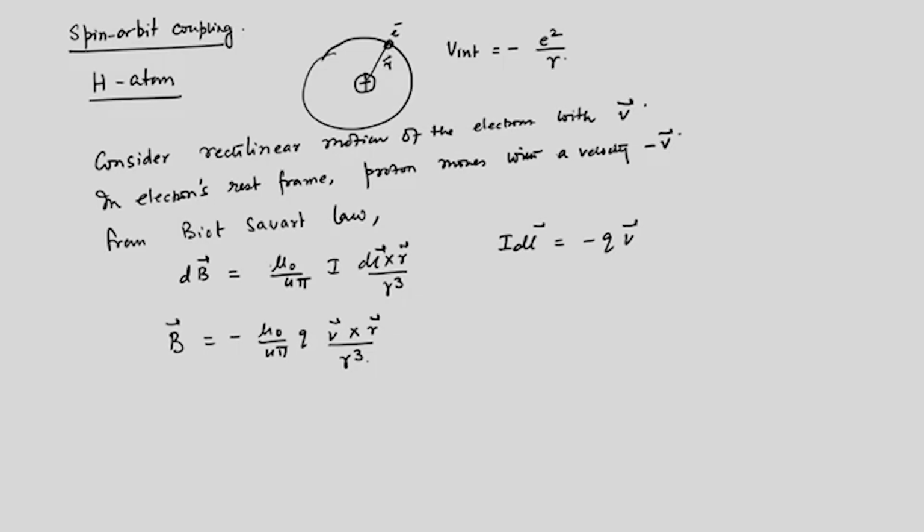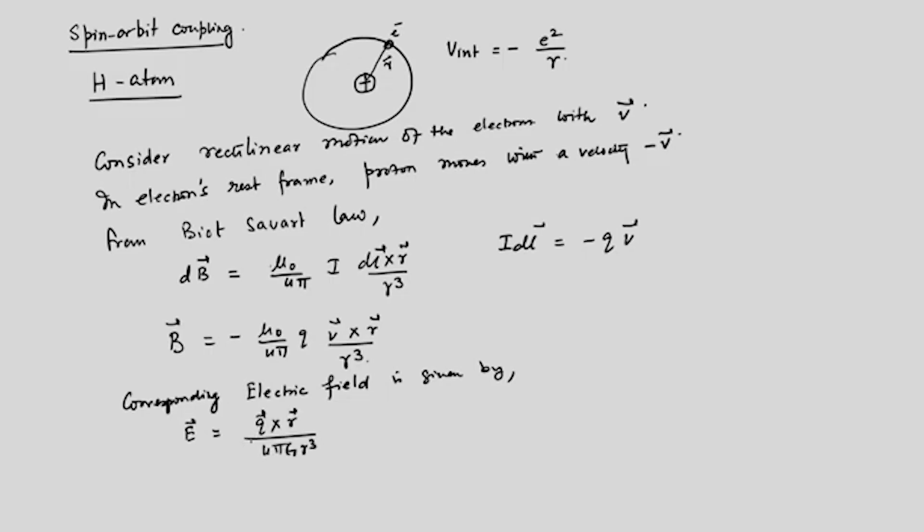Okay. Now, the whole system is in motion, and there is a magnetic field. So, there will also be an equivalent electric field, and the corresponding electric field is given by E equal to q r divided by 4 pi epsilon 0 r cube.